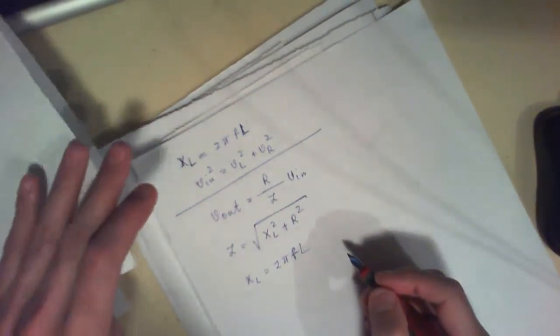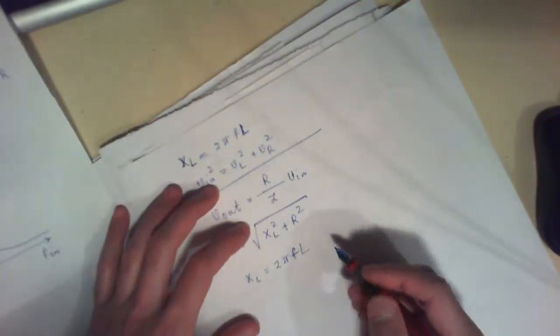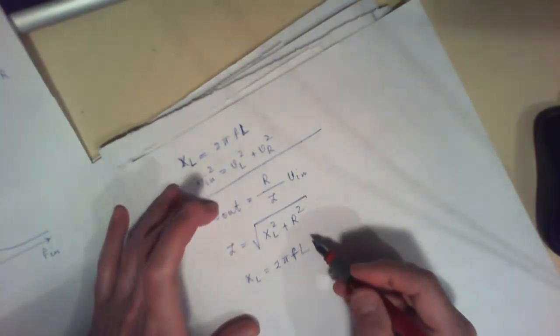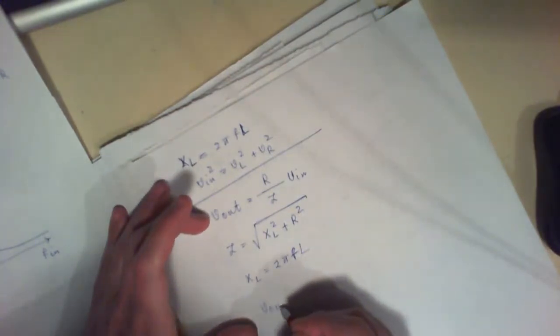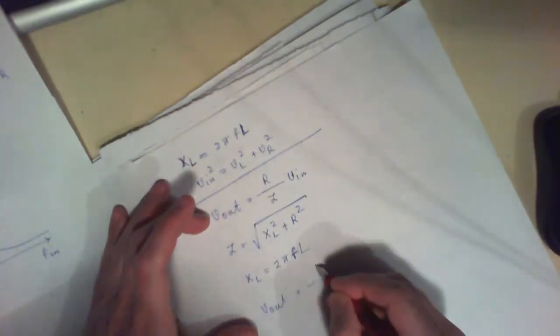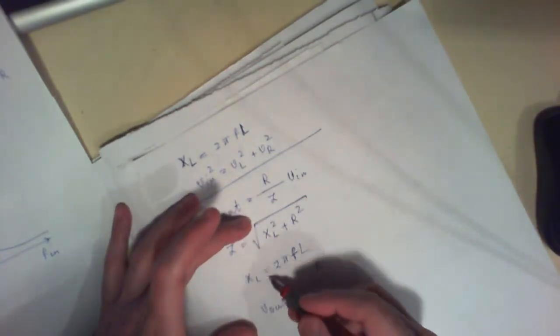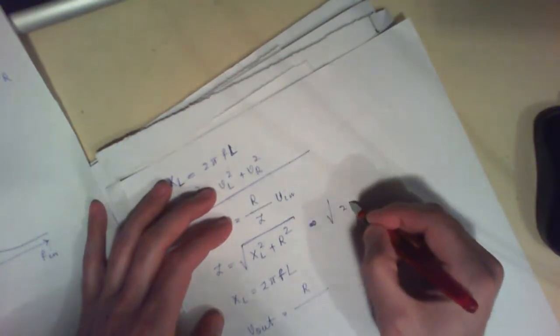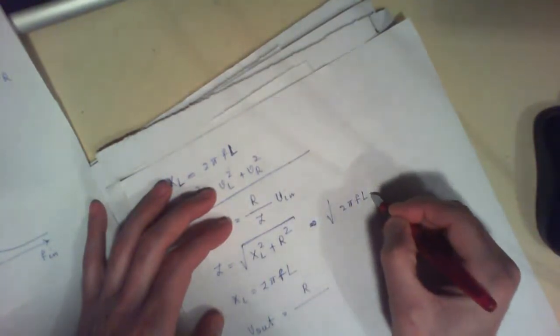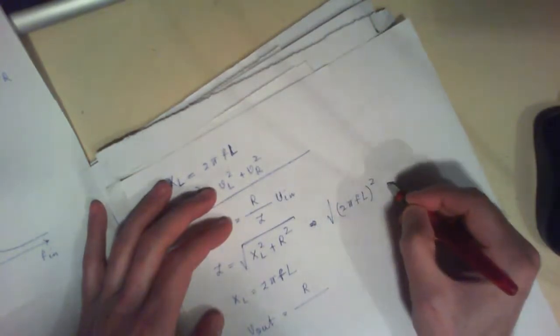So what you can do is use this equation up here and write V out as equal to R over Z, and instead of X_L, I can write 2 pi f L. So the square root of (2 pi f L) whole squared plus R squared.